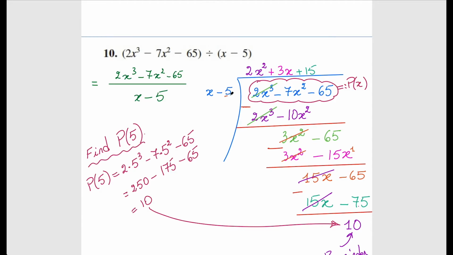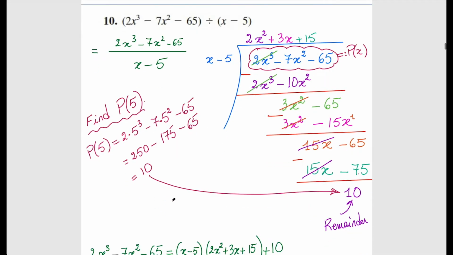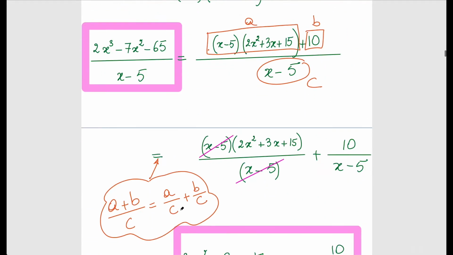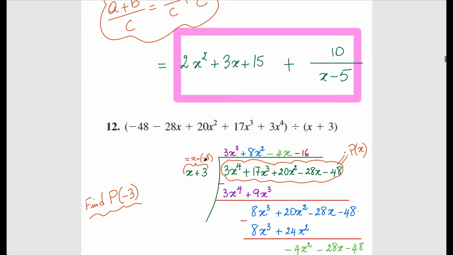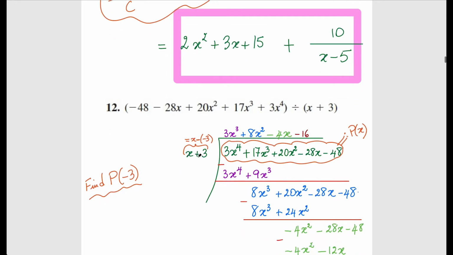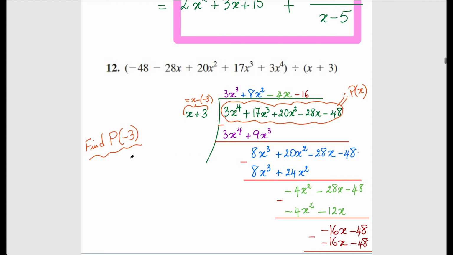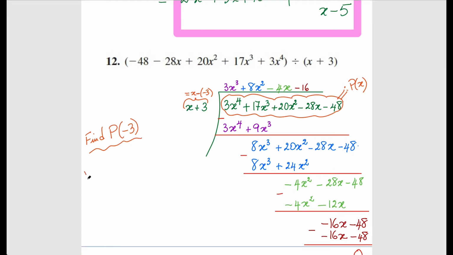This is the observation I'm making. Like I did before, I evaluated p at 5, provided there is a minus in front, right? So the guy that comes after the minus is 5, whereas here the guy that comes after the minus happens to be minus 3, because we have x plus 3. Alright, so p of negative 3. Instead of x, I'm going to have minus 3 all the way, right?